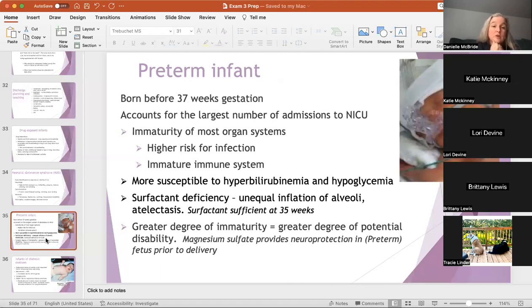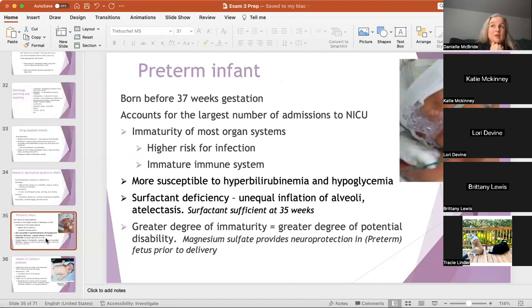That's true. I told my students about a patient that had a placenta previa and she hemorrhaged horribly, and we had to do a C-section, and she was 30 weeks. That baby definitely has a surfactant deficiency.